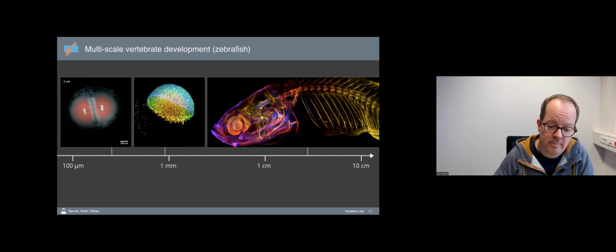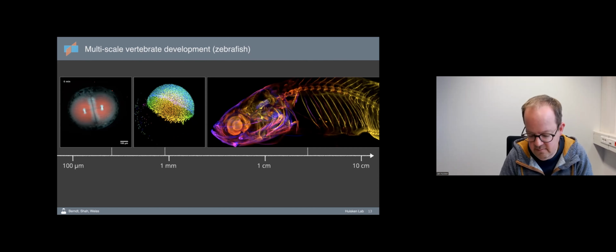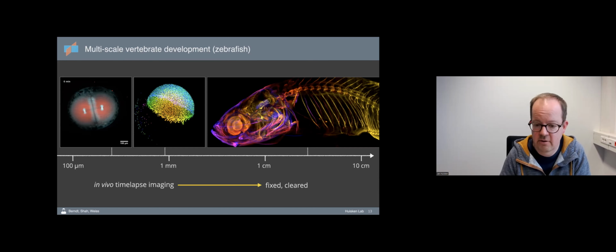If we make a big jump ahead, at some point, as the fish grows into a larva and becomes larger and larger, at some point we simply don't have the tools anymore to do any live imaging. The fish is not transparent anymore, and then we have to turn to fixing and clearing the specimen.